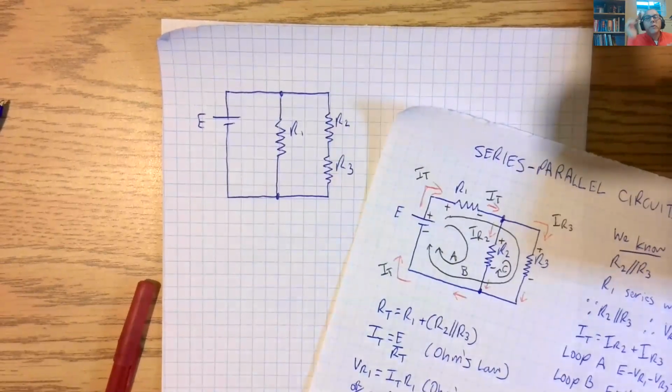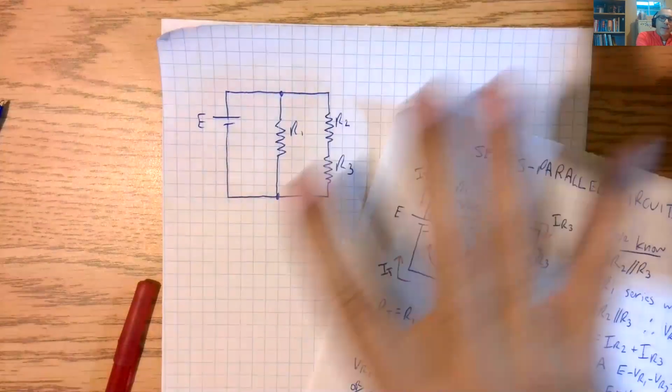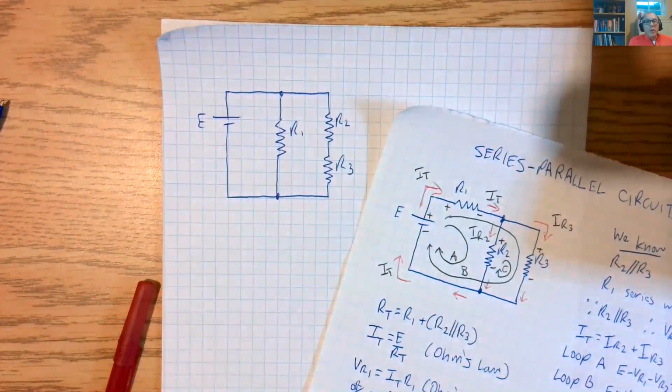When we're doing series circuits, R1 plus R2 plus R3 equals RT, current is constant, VR1 plus VR2, blah, blah, blah, equals E. And then for parallel circuits, IR1 plus IR2 plus IR3 is equal to IT, and VR1, VR2, VR3 are all equal, and RT equals 1 over R1 plus 1 over R2, and so on. So those were things you kind of memorized, but now we need to take those fundamentals and bring it into this, where you need to know what's going on.